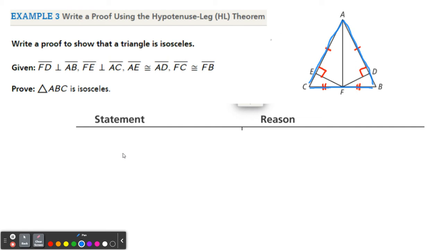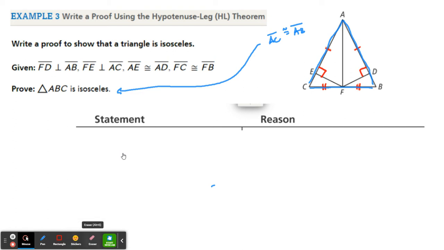If we can prove that segment AC is congruent to segment AB, then we can prove that this triangle is isosceles. So that's our goal, right? It'd be nice if we could prove that these two triangles are congruent and then move from there. Let's see.